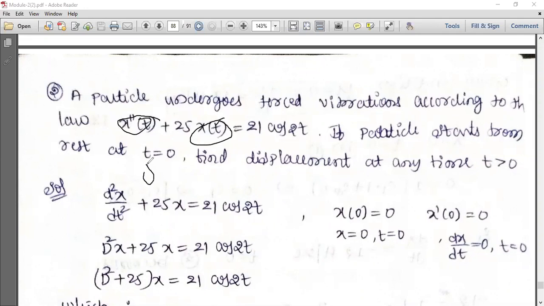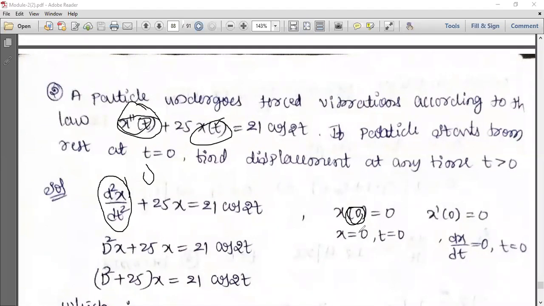So I can write it as d square x by dt square plus 25x of t equal to 21 cos of 2t. So if the particle starts from rest at t equal to 0, that is the initial position. Find the displacement at any time.